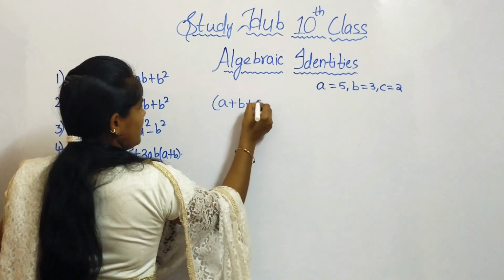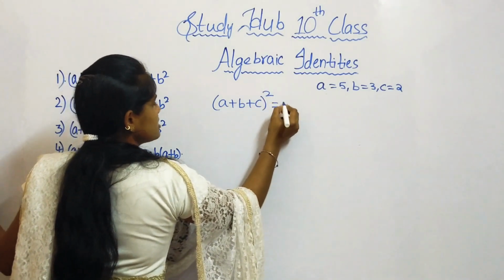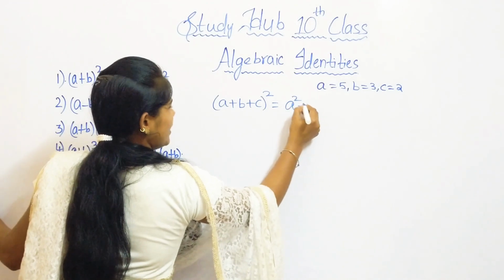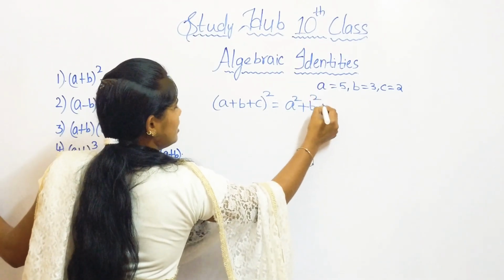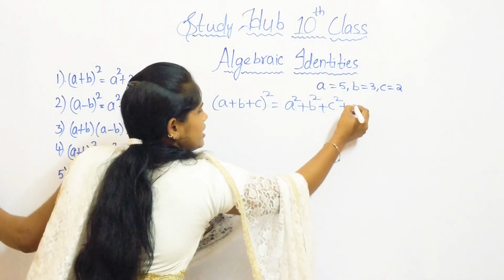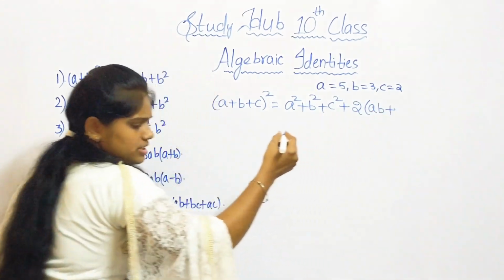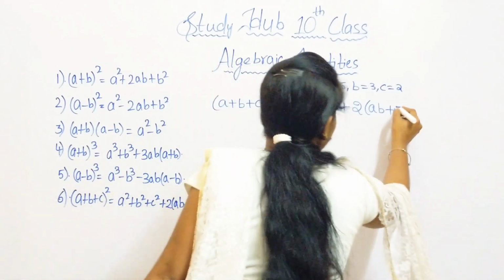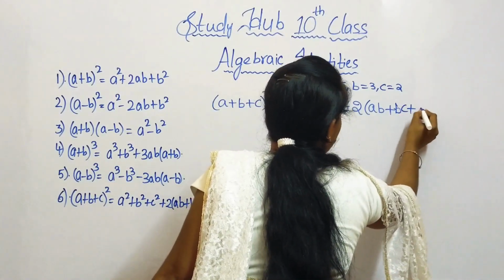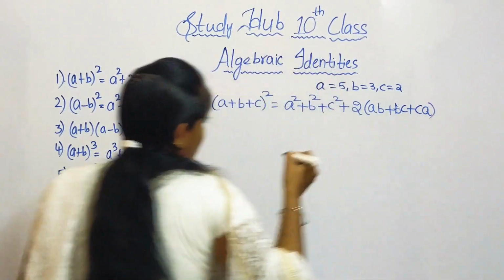A plus B plus C whole square is equals to A square plus B square plus C square plus 2 into AB plus BC plus CA.